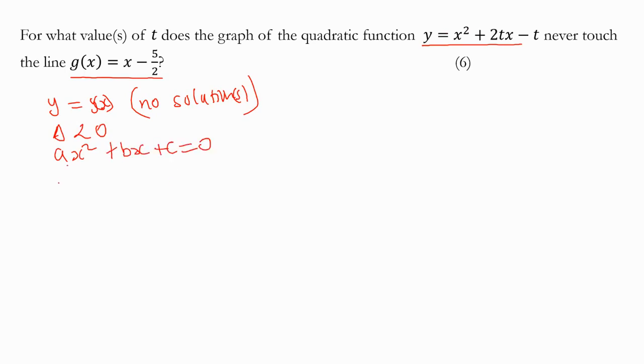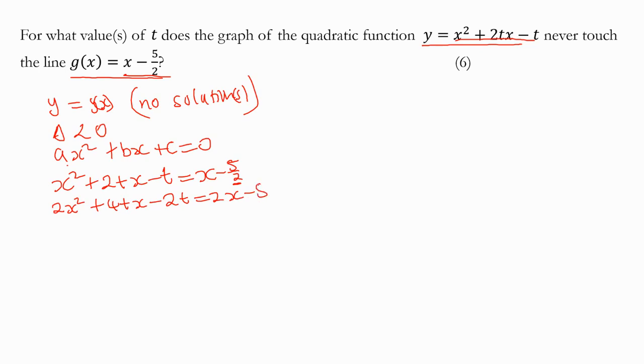So we have y, which is x squared plus 2tx minus t, I'm just taking this part of the function, is equal to g of x, which is x minus 5 over 2. Then we want to write this equation in standard form. So we multiply everything by the LCD, which is 2. So it's 2x squared plus 4tx minus 2t is equal to 2x minus 5.